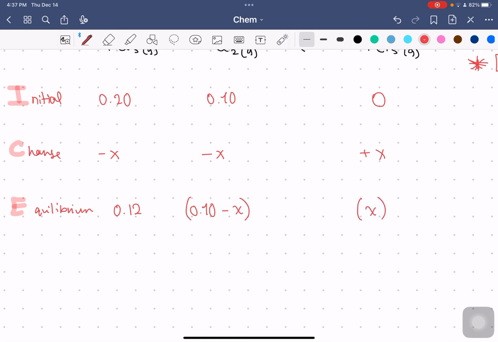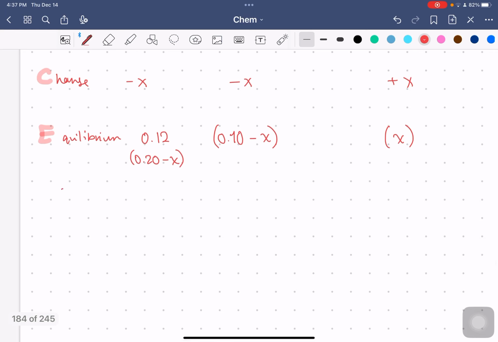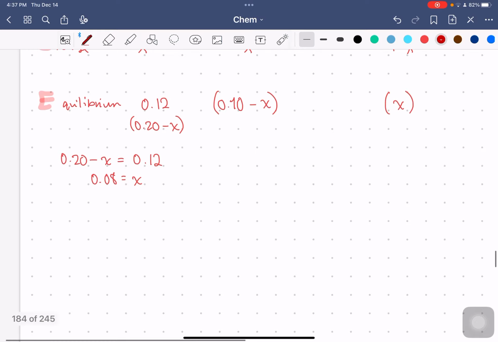And from here, we know this is supposed to be 0.20 minus x. So from here, we're able to figure out x very conveniently, actually. Our little equation is going to be 0.20 minus x equals 0.12. If we just do that really quickly, 0.2 minus 0.12 is 0.08, which is x.